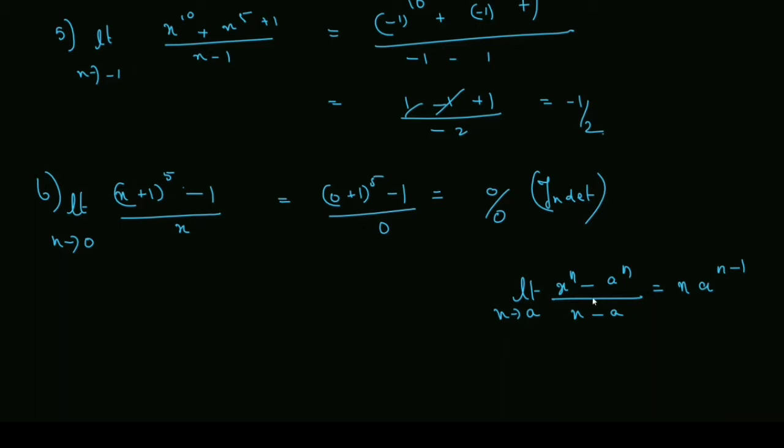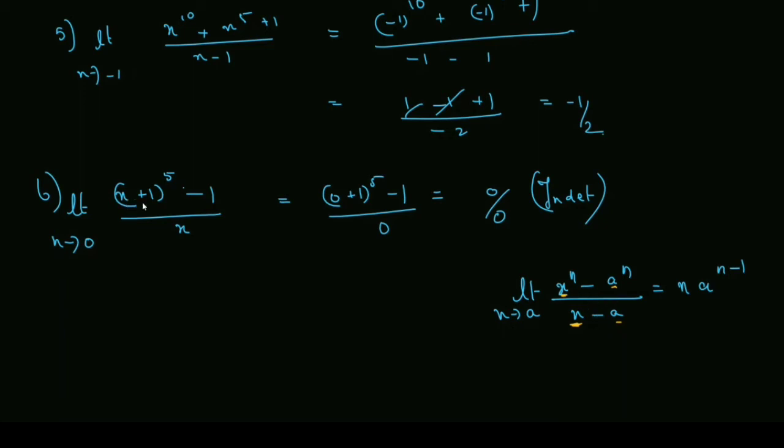So that means, listen, for the formula we can use, here you should have x, and here also you should have x. So whatever function you have here, the base, that is x power n, the exponent is n, the base is x. Same base you should have here. A power n, you should have the a here. And when you substitute x is equal to a, it should become 0 by 0.